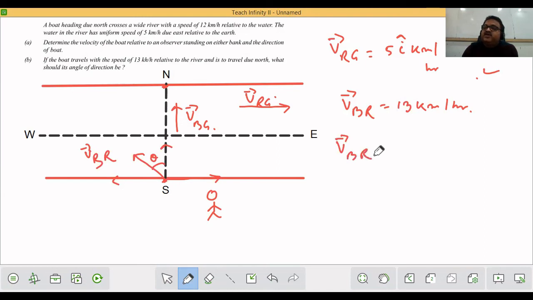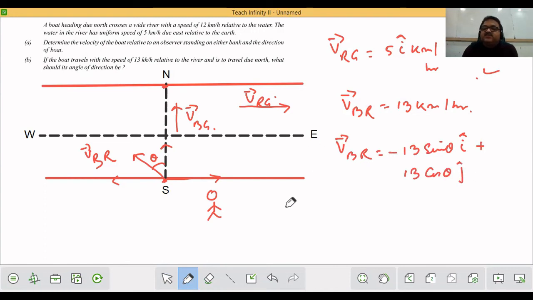I don't know the direction, but the value is given, 13 km per hour. So let me divide it into two components: one is minus 13 sine theta i cap, plus 13 cos theta j cap.